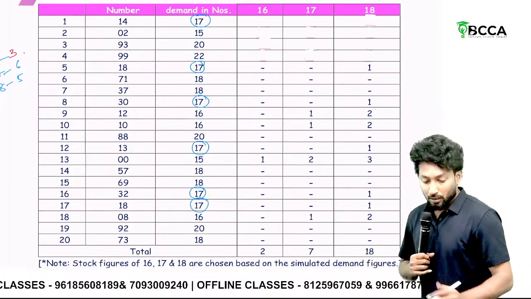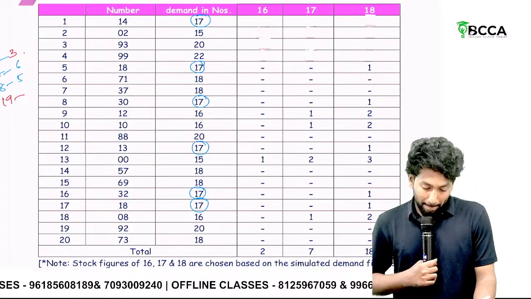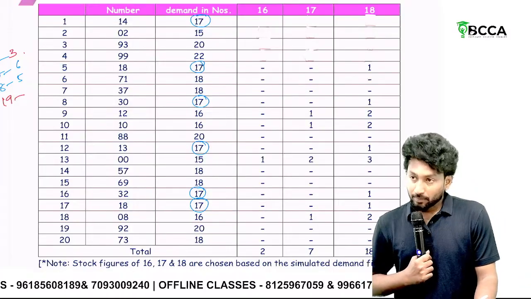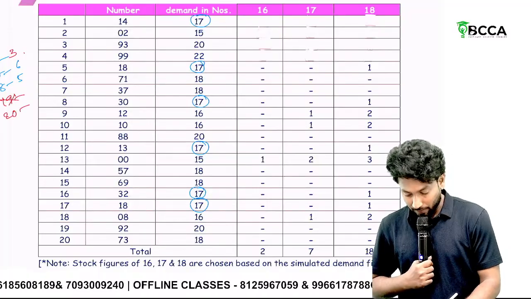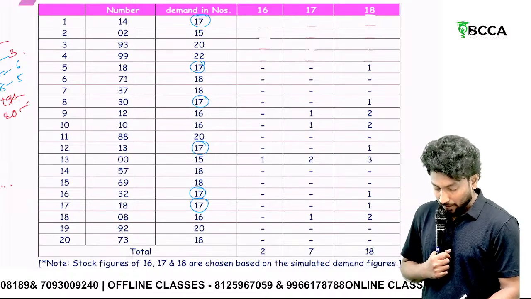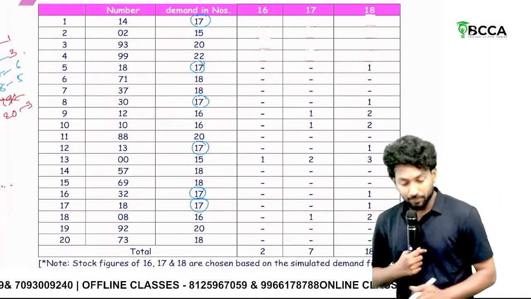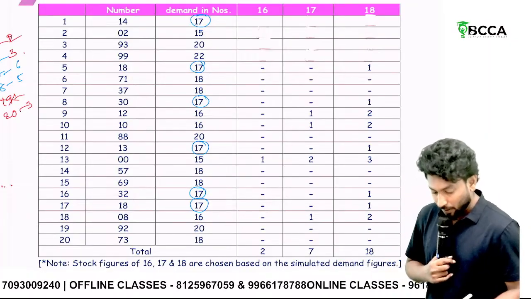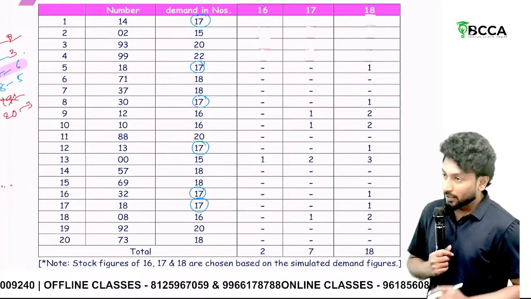Then 19, 20, and 15, 1 time or 2 times. Whatever it is, the highest number of times repeated demand is 17.